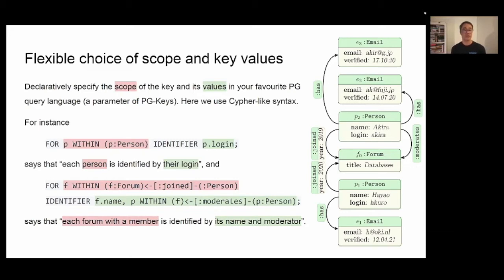So for all such nodes f, we will have that they are identified by the name value, so the value that f takes on its name property, and the identity of the object p within the value descriptor here. So we have those p that are nodes labeled person having an outgoing edge labeled moderates to this forum f.